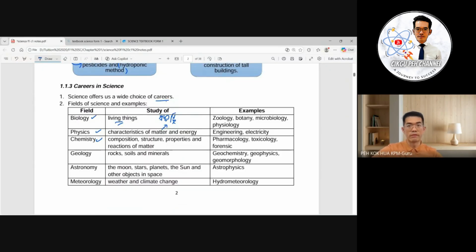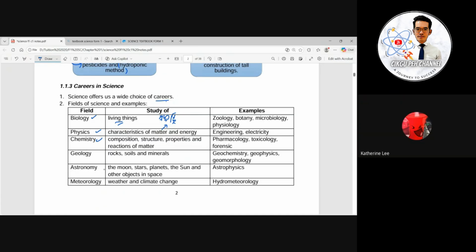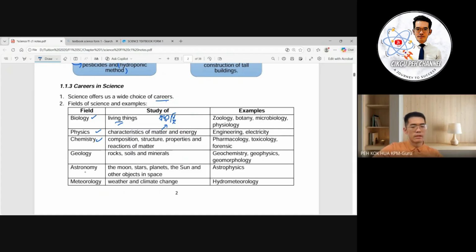Okay, then geology, 地理学, is a study about the rock, soil, and mineral. So the subjects related to geology will be geochemistry, geophysics, and geomorphology. Okay, then astronomy, 天文学, is the study about the moon, star, planet, sun, and other objects in space.